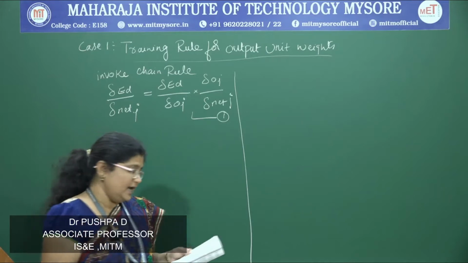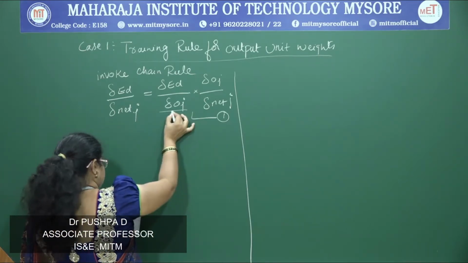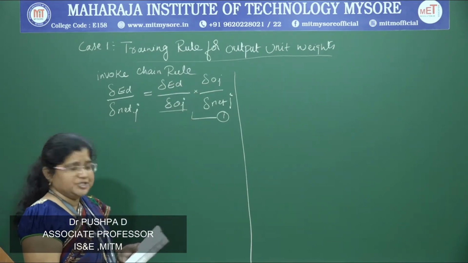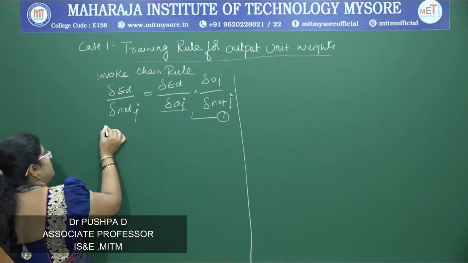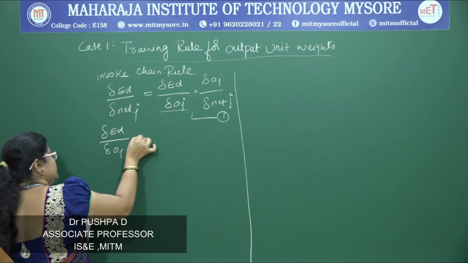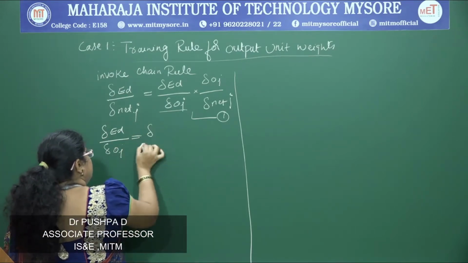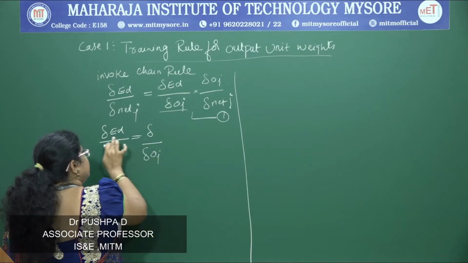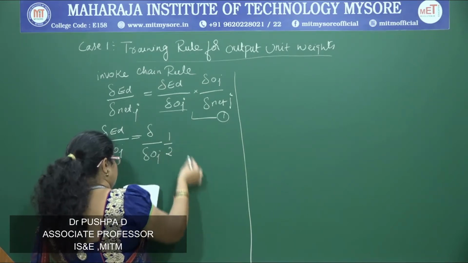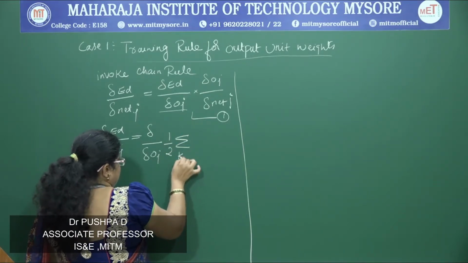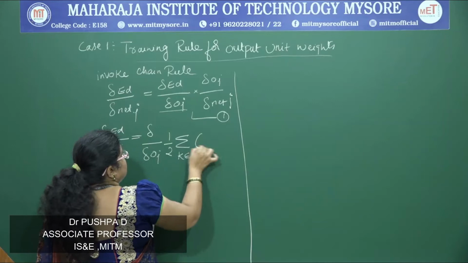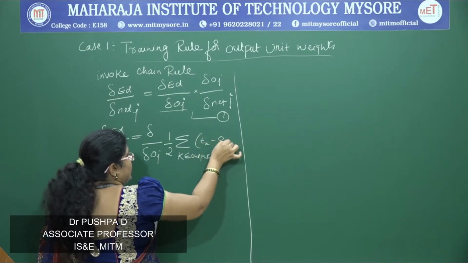We can write del Ed by del Oj as del by del Oj of Ed, where Ed can be expressed as half the summation over k belonging to the outputs of (tk minus ok) the whole square.